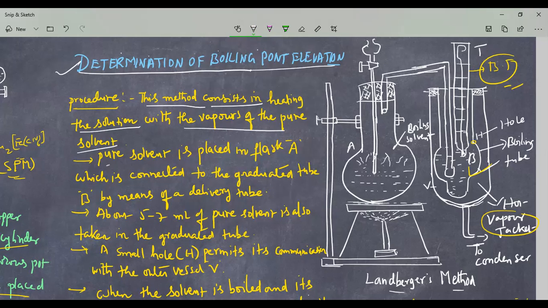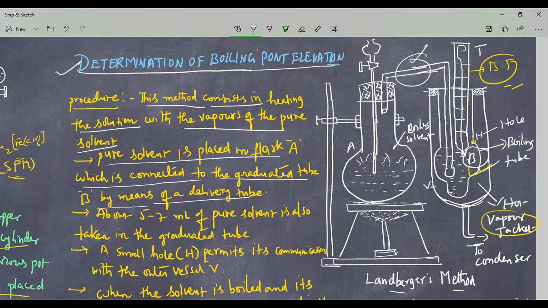The pure solvent is placed in a flask A which is connected to the graduated tube B by means of a delivery tube. Via that delivery tube, these vapors will increase the temperature of the solution. Vapors will be received by the liquid present in the graduated tube B.